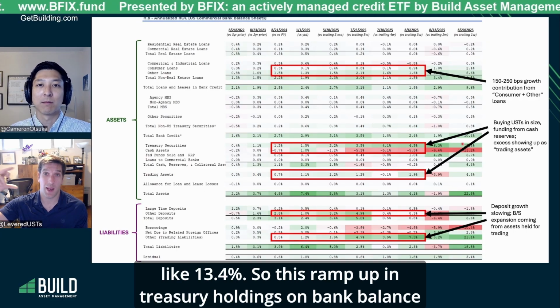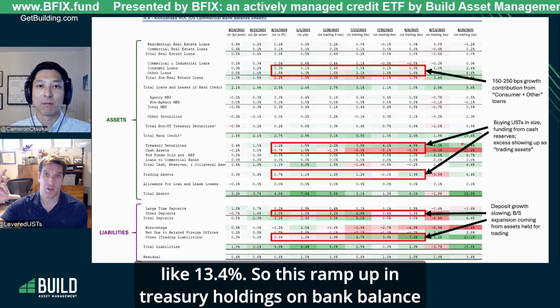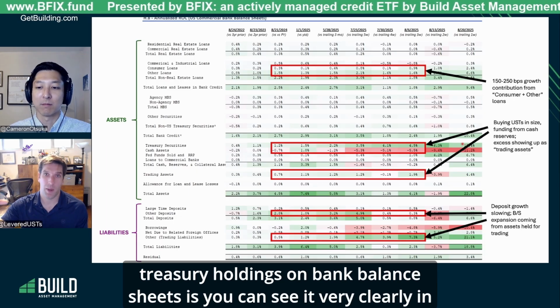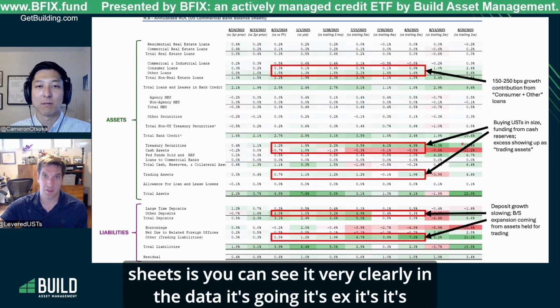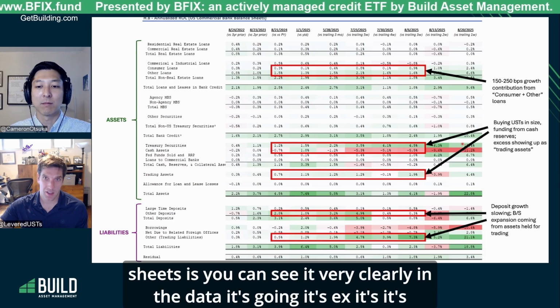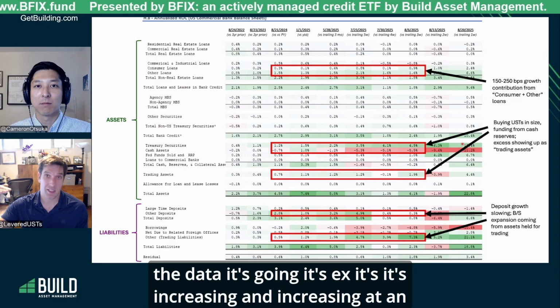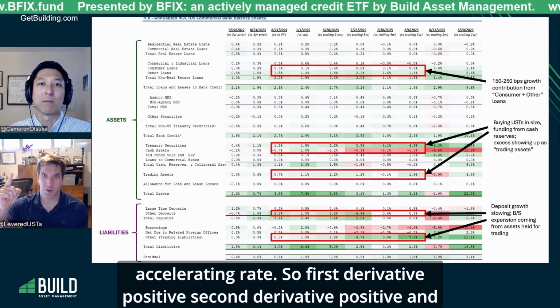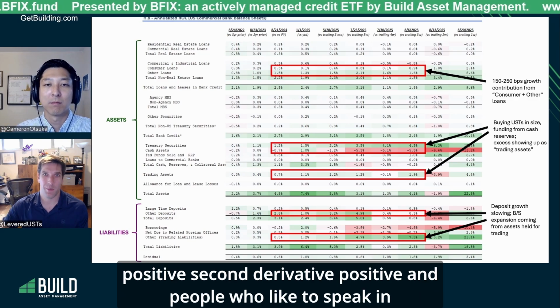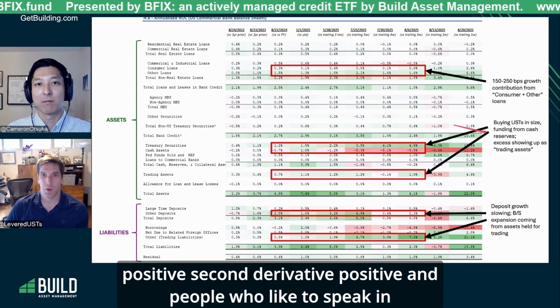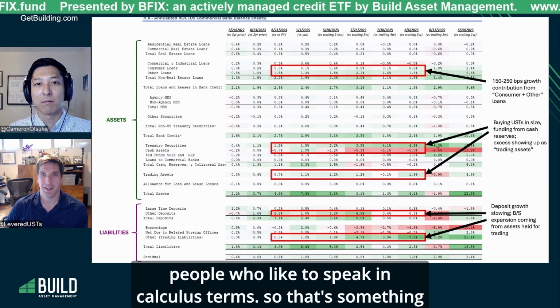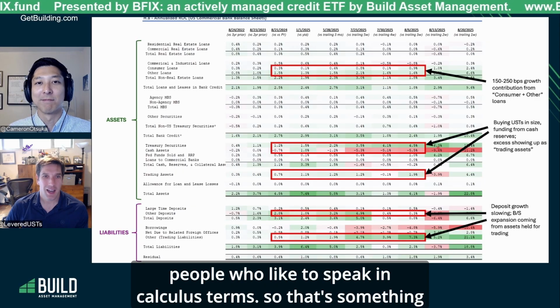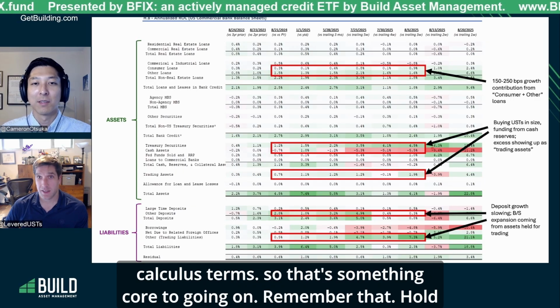So this ramp up in Treasury holdings on bank balance sheets, you can see it very clearly in the data. It's increasing at an accelerating rate. So first derivative positive, second derivative positive, for people who like to speak in calculus terms.